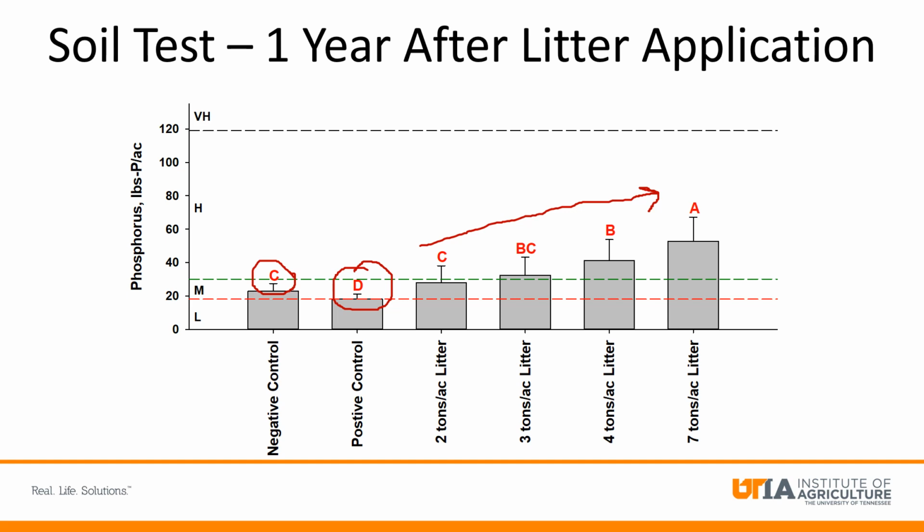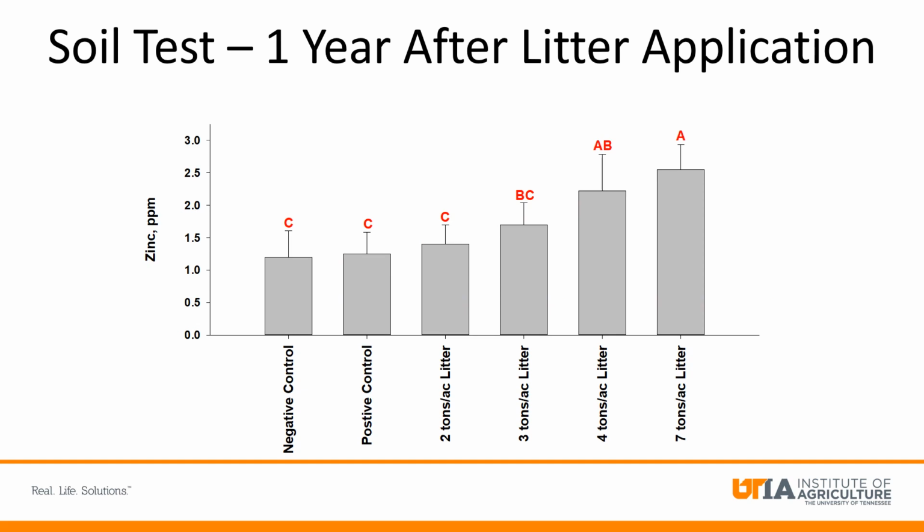So one of the benefits clearly in using litter is that we can have one application for corn cover the phosphorus and nitrogen requirements for 2 or perhaps even more crop years of corn and soybeans in rotation.